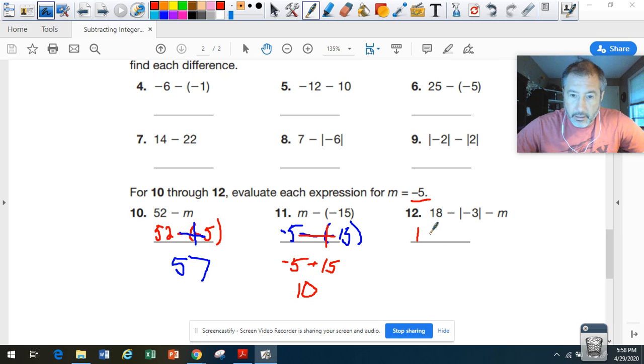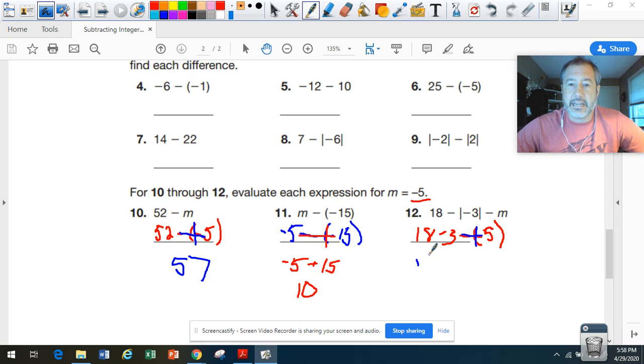Okay, let's see what we got here. We got 18 minus, what's the absolute value of -3? Yes, +3. Minus, parentheses, -5. Guys, I'm constantly using parentheses. You need to get used to doing it. Do not try to do any shortcuts. It'll bite you in the butt. Okay, let's clean up our garbage here. If I take a look here, two negatives together, connect them, put your plus in there.